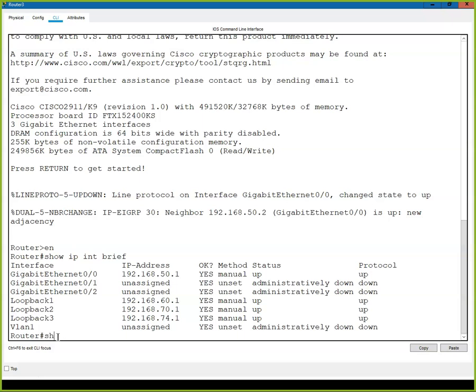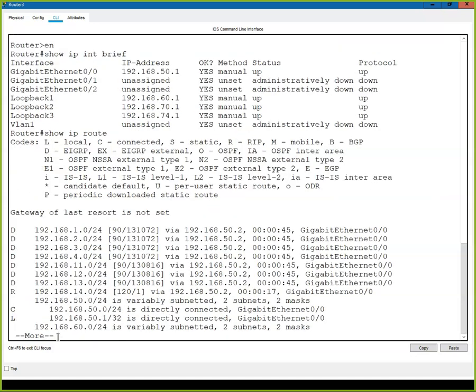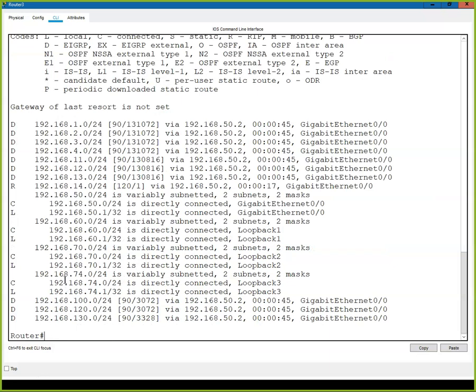If I show IP route, and this is all IPv4, that'll be the default, we get some of that information. This has got a whole bunch of stuff going on with it. We've got Ds here, and Ds are EIGRP. Actually, these are all, well, we've got a RIP in here finally. We've got a RIP route.